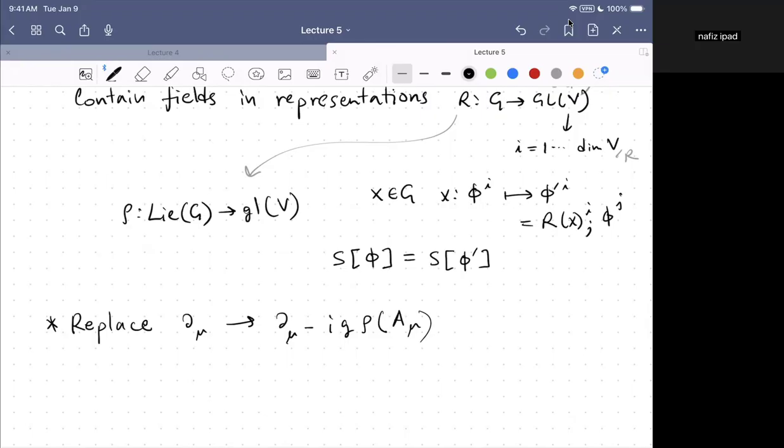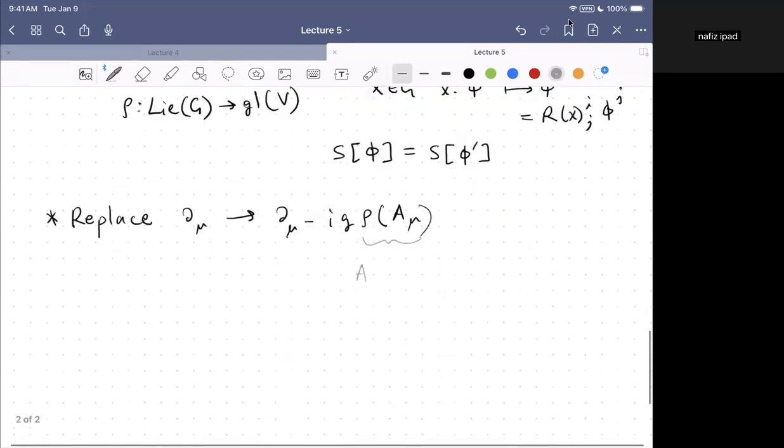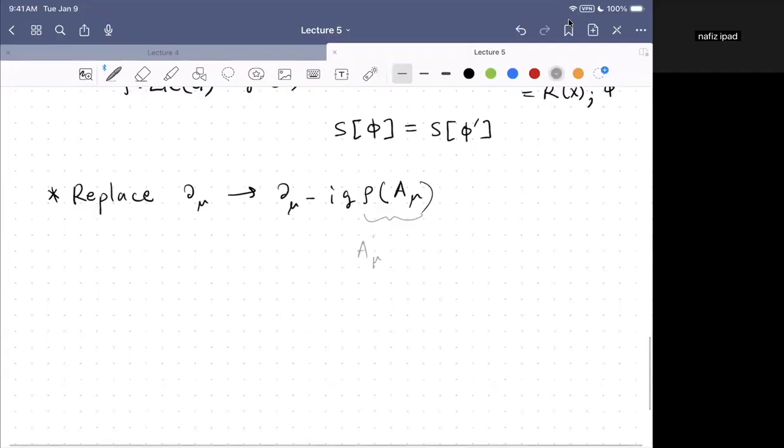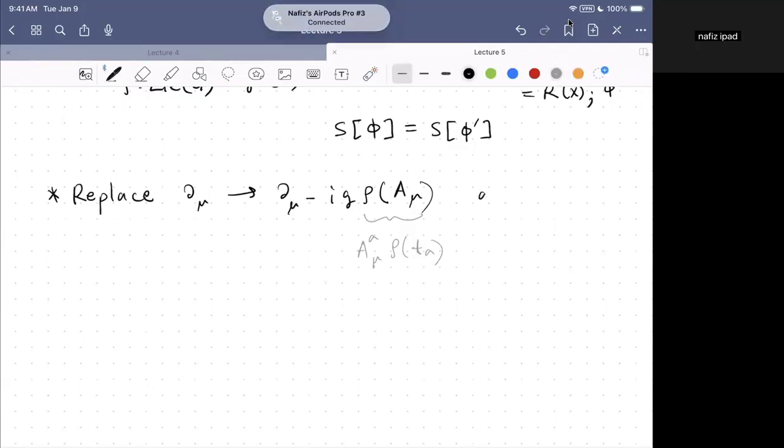And A mu is A mu^a rho of T_a. Here, these T_a are our basis vectors for the Lie algebra. So in particular, this index a goes from 1 to the dimension of the group.